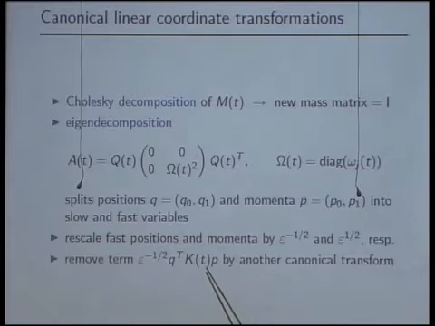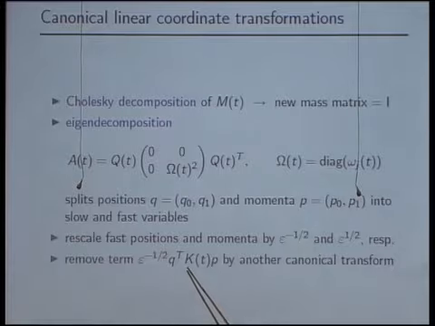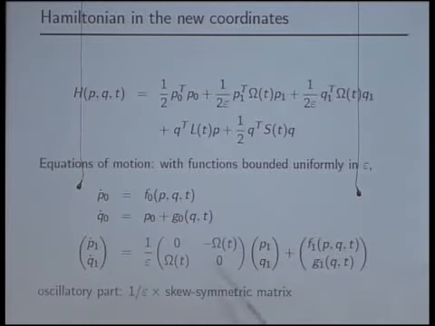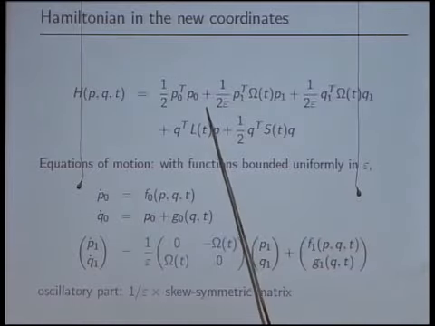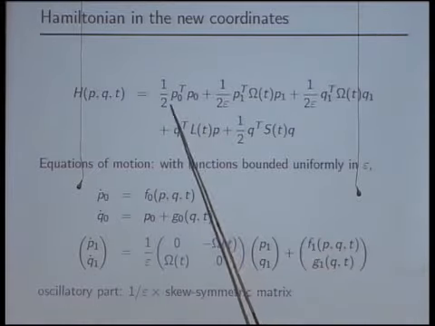So that's the bad news, but the good news is that I can get rid of this term again by another canonical transformation. And at the end, I'll get a system which looks like that. So here's just a kinetic part for the slow variables.